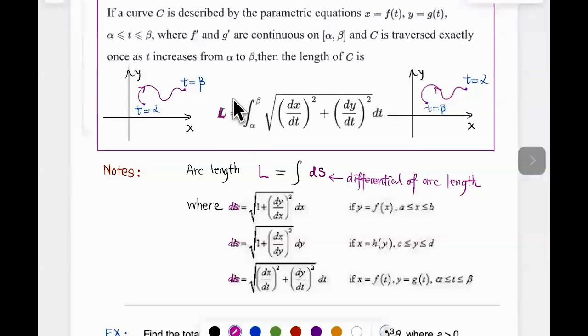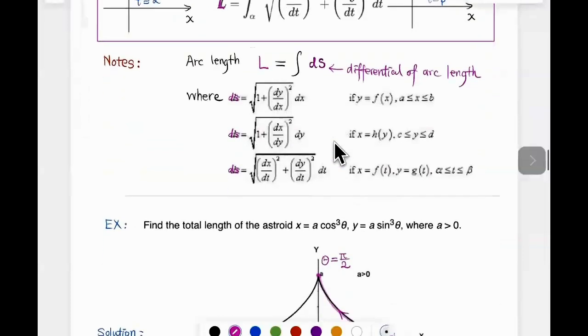So when the curve is described by x equals f of t, y equals g of t, and t goes from alpha to beta, and if dx/dt and dy/dt are continuous, and the curve is traversed exactly once, then this will be the arc length.